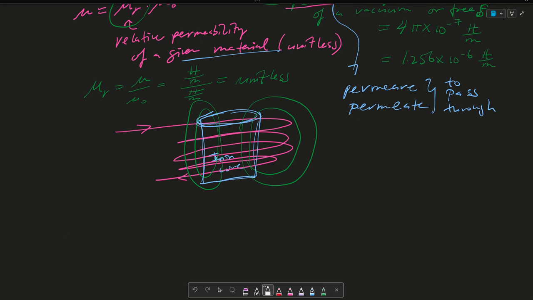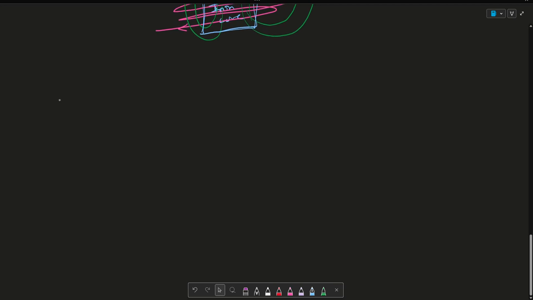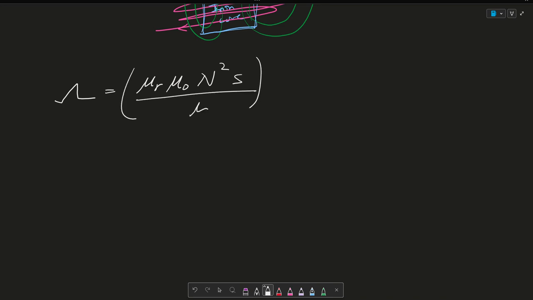So again, our magnetic flux linkage equation, let me start fresh, is lambda is, let me call this mu r mu naught N squared S over L, this is a lowercase l, times I. Okay, so we say then that when we're talking about inductors, this right here, we call this capital L, and it's in the units of henries.